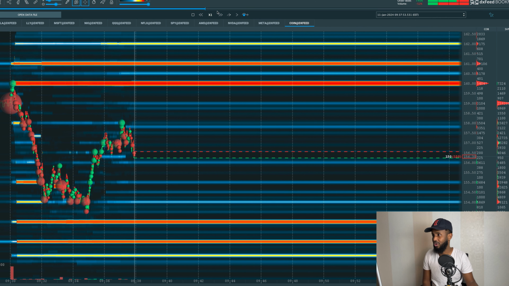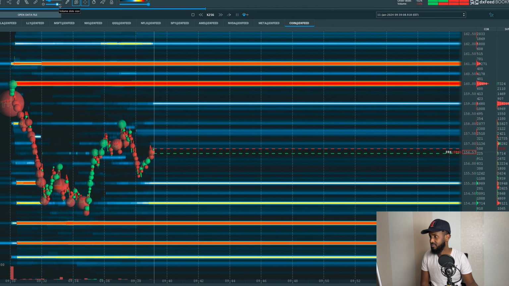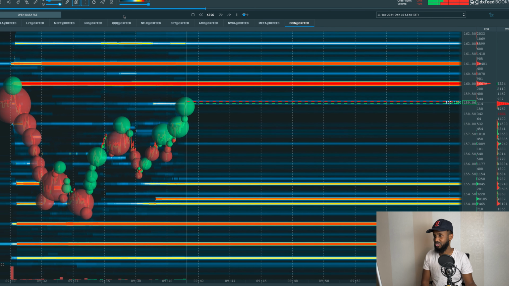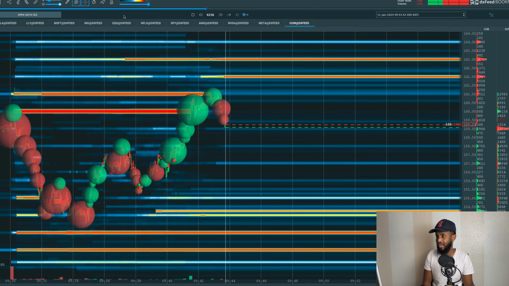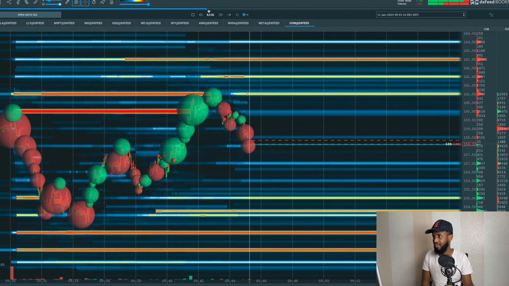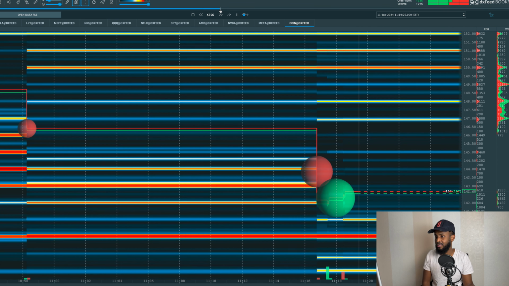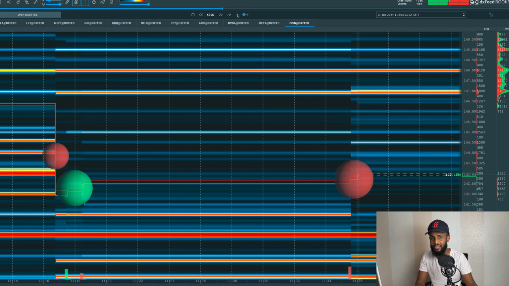And what did Coin do? It absolutely tanked after hitting these zones. So let's just watch. It approaches this zone, and what happens? We absolutely tank afterwards. And this thing goes as low as $140.